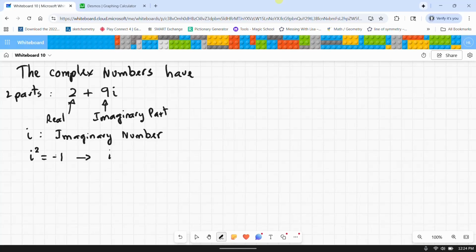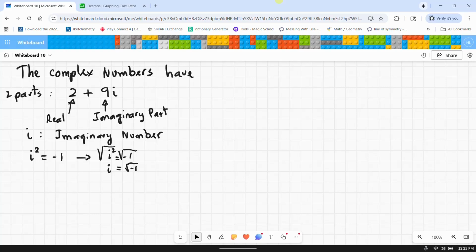If we take the square root on both sides of the equation, the square root and the second power cancel out, so i equals the square root of -1. And as we learned before, we cannot take the square root of a -1. So that is what the imaginary number is.